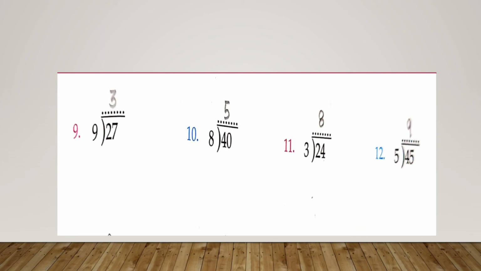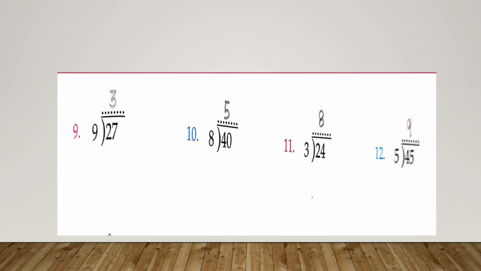So children, for this you have to read the table of 3 until you get 24. 3 1s are 3, 3 2s are 6, 3 3s are 9, 3 4s are 12, 3 5s are 15, 3 6s are 18, 3 7s are 21, 3 8s are 24.